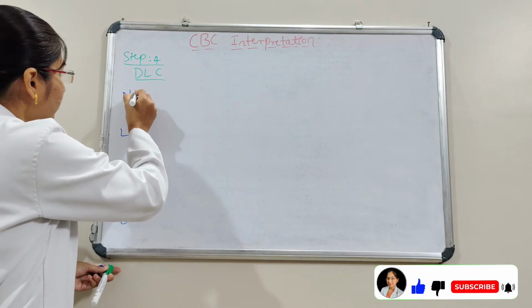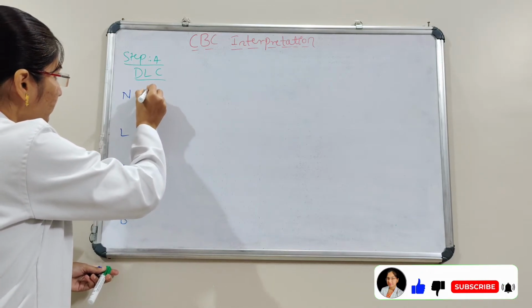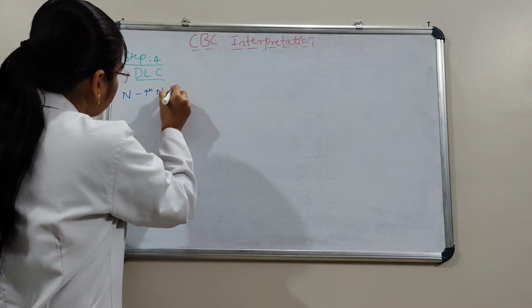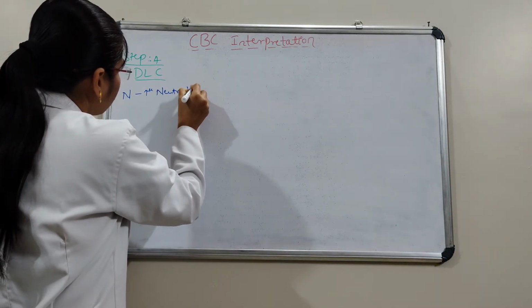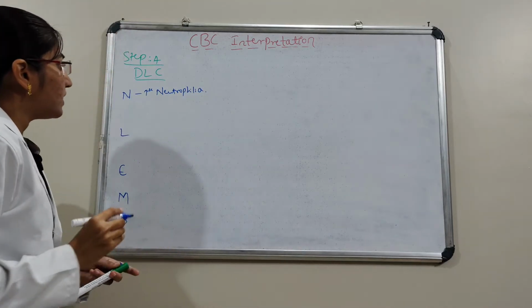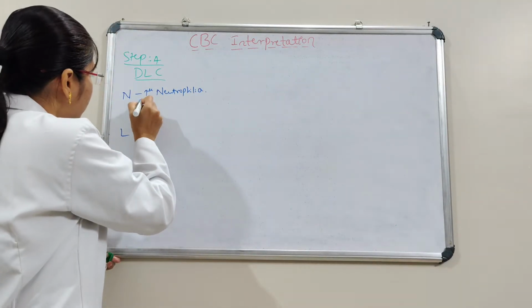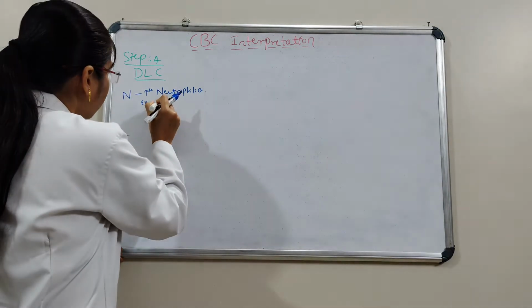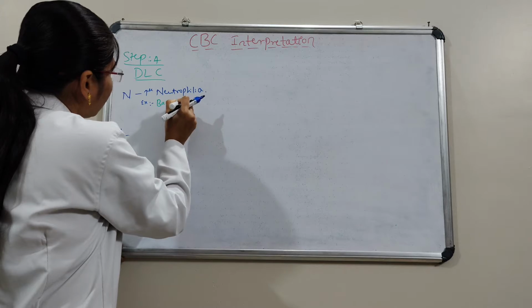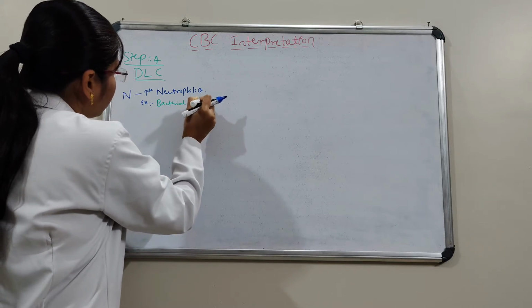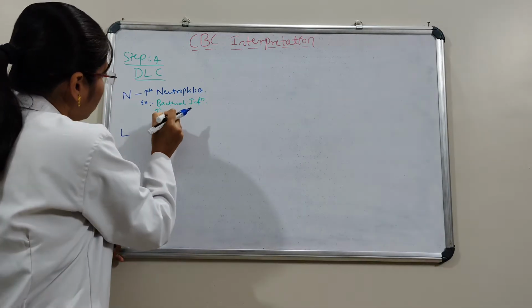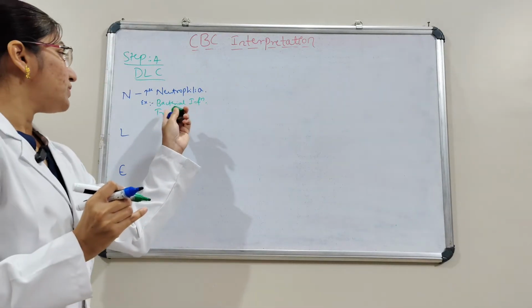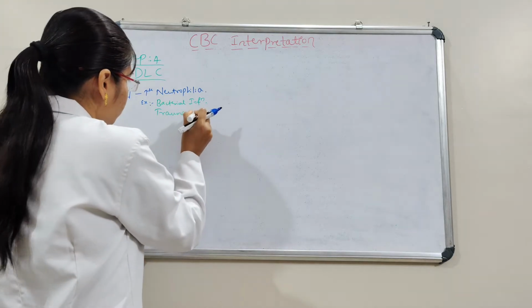If the neutrophil count is increased, the condition is called neutrophilia. We can see this in bacterial infection, trauma, and steroids.